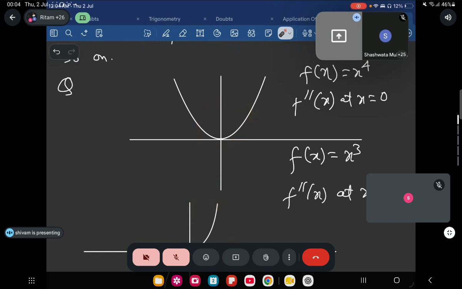Sir, because it is changing sign. It is changing sign. That's what I said before when I discussed point of inflection. Is it clear now? Yes, sir. Okay.